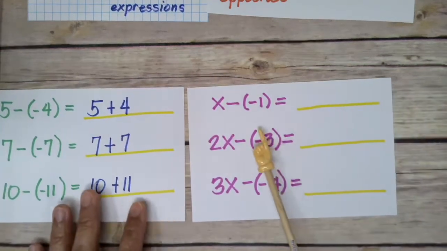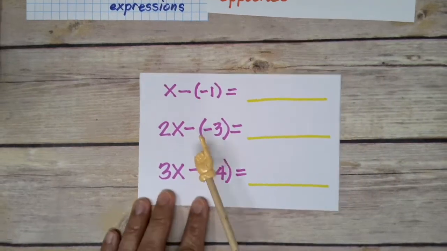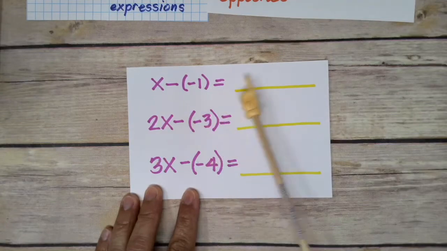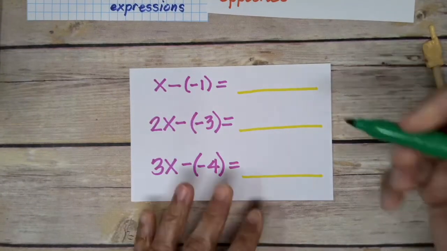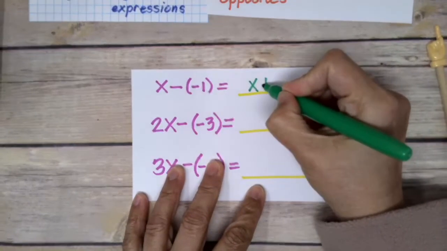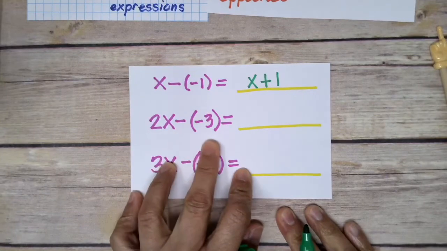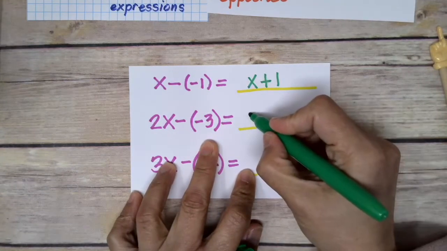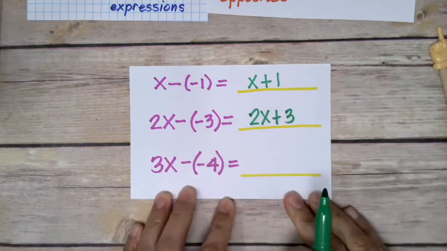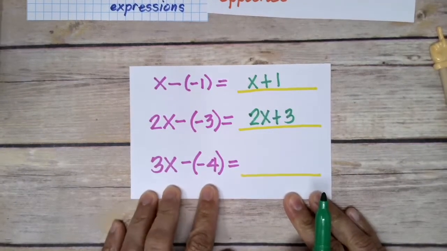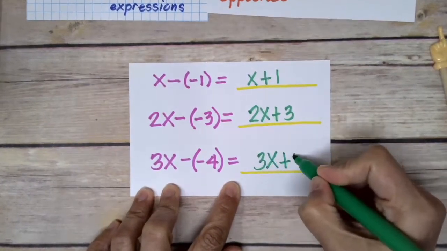Applying that to these algebraic expressions, x minus negative 1 is equivalent to x plus 1, and 2x minus negative 3 is equivalent to 2x plus 3, and 3x minus negative 4 is 3x plus 4.